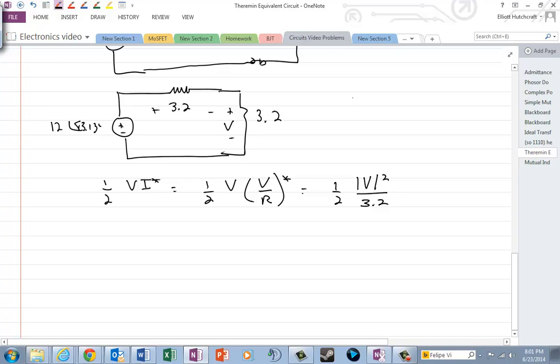Well, it's half of the total voltage since both resistors are the same, so that gives us 6 angle 83.13 degrees. And so this answer is going to be 1/2. Magnitude of that is just 6 squared over 3.2.